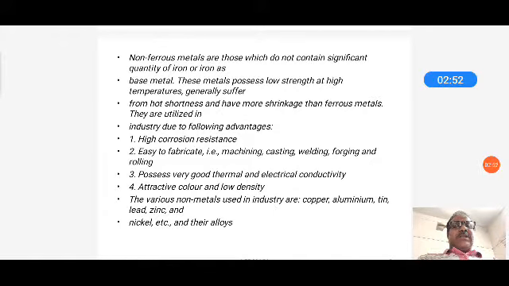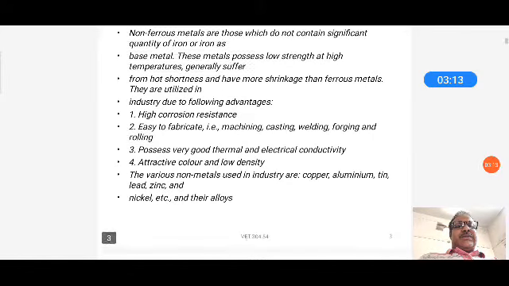The various non-ferrous metals used in industry are copper, aluminum, tin, lead, zinc, nickel, etc., and their alloys. These metals are popular because of these advantages.